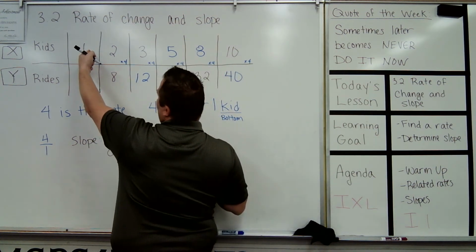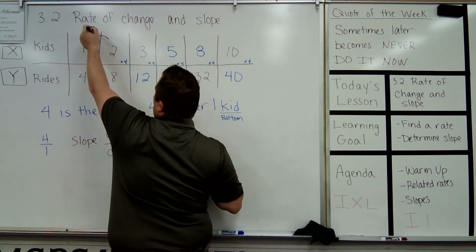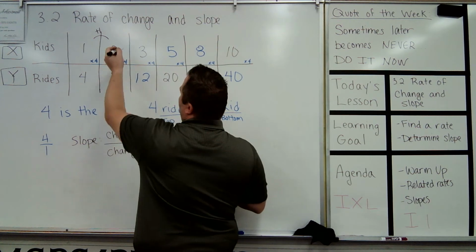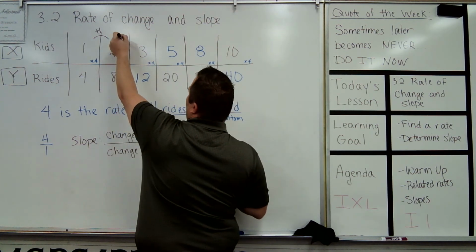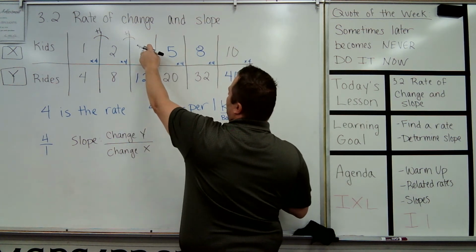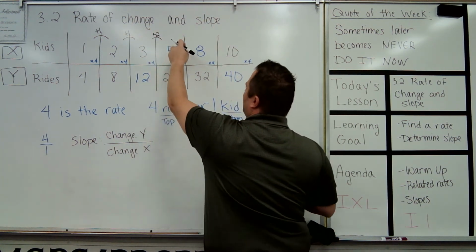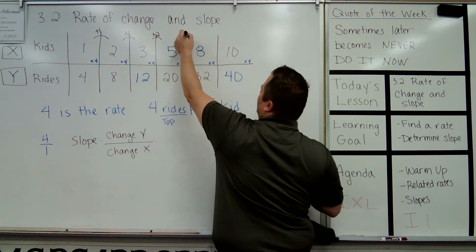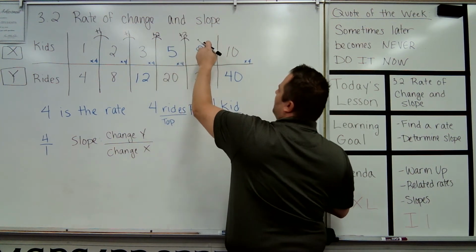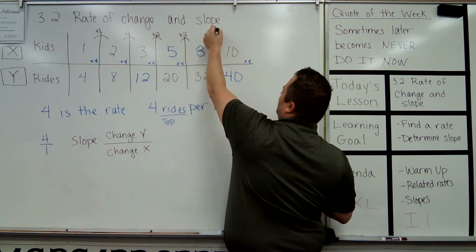How much has to change to get from 1 to 2? Let's just say I wanted to go from 1 to 2. That's plus 1. If I wanted to go from 2 to 3, that's plus 1. From 3 to 5, that's plus 2. From 5 to 8, that's plus 3. And from 8 to 10, that is plus 2.